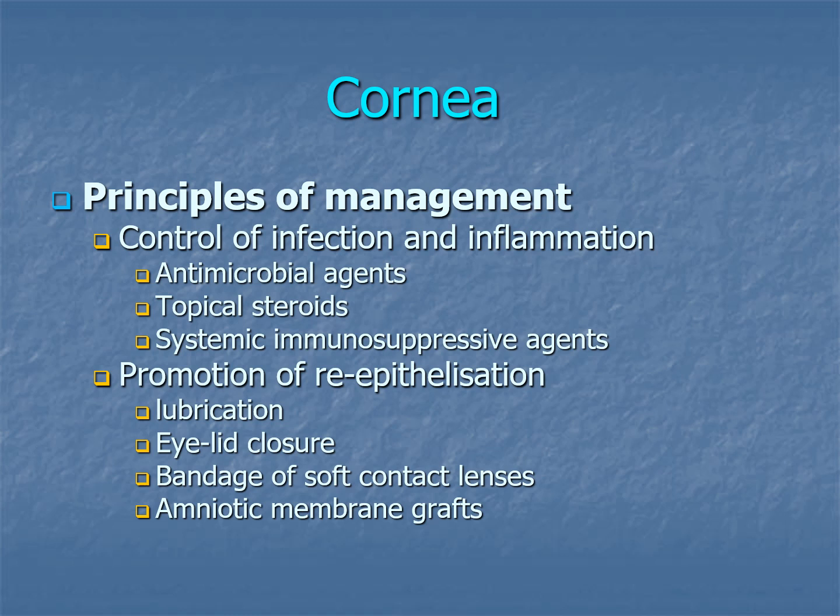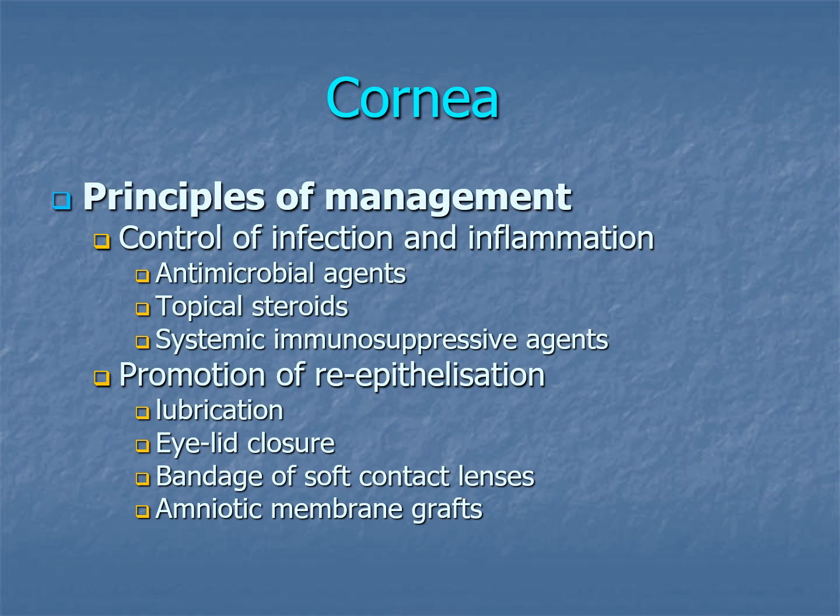We use many lubricants in tear forms and gel forms, and certain drugs which promote epithelialization. If that fails, we can close the lids, as due to the constant rubbing of the lids, epithelium cannot regenerate.